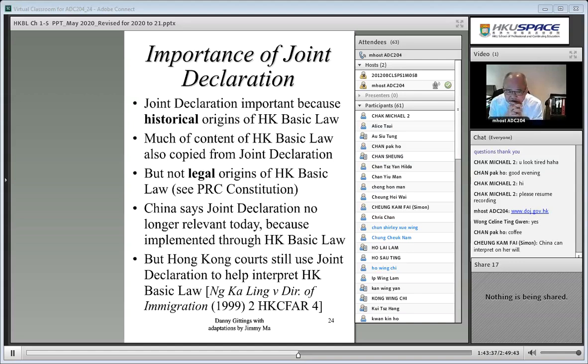So China's position is that the Joint Declaration is no longer relevant because it is already being implemented through the Hong Kong Basic Law.